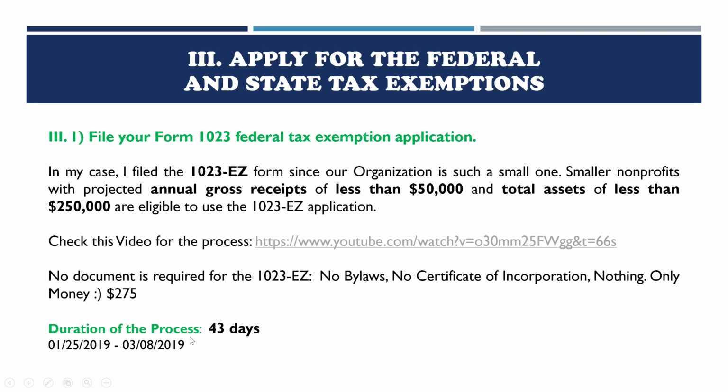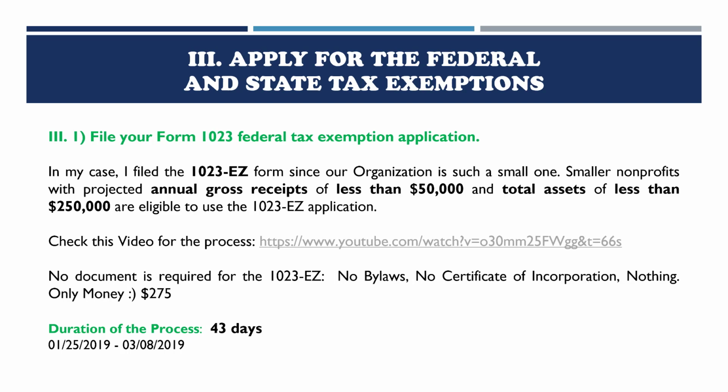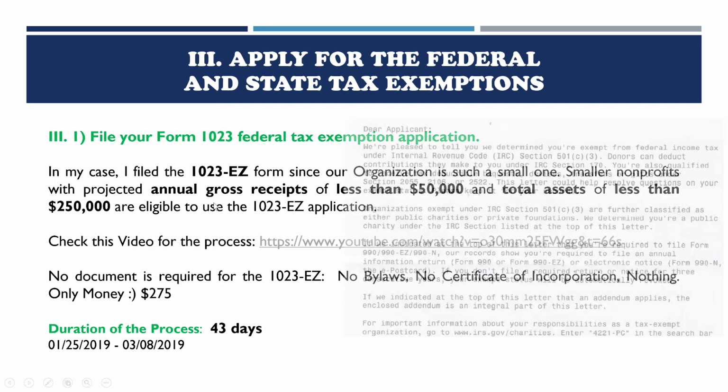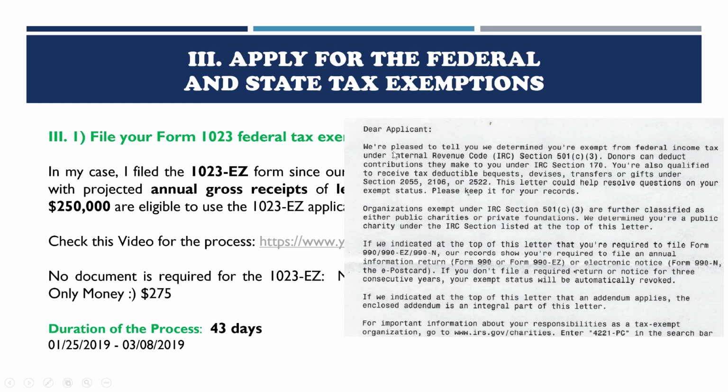And the duration of the process, only 43 days. After 43 days, we received our determination letter. And the determination letter looks like this. Keep in mind that this is the federal tax exemption.